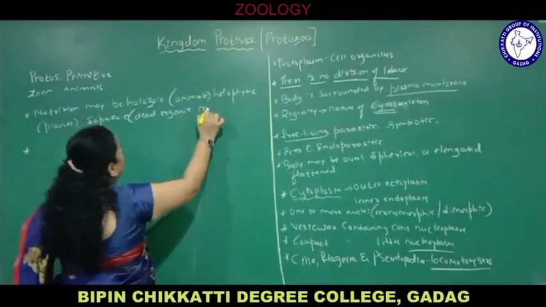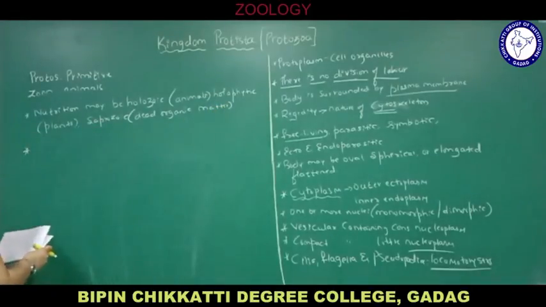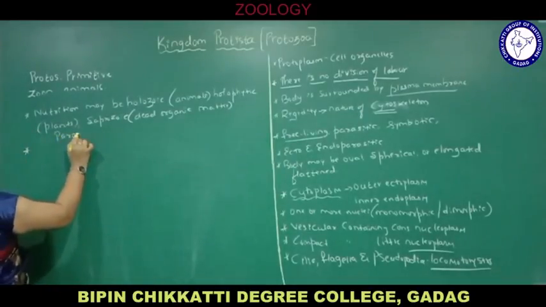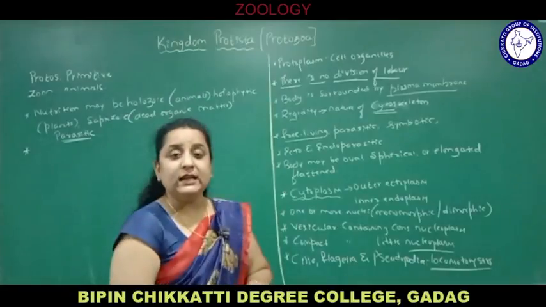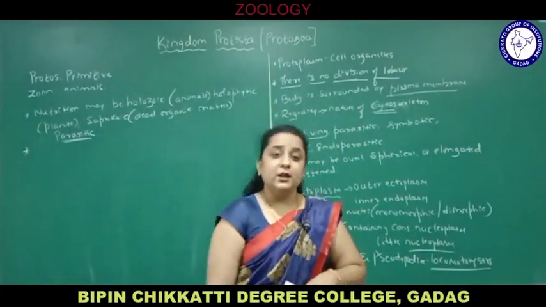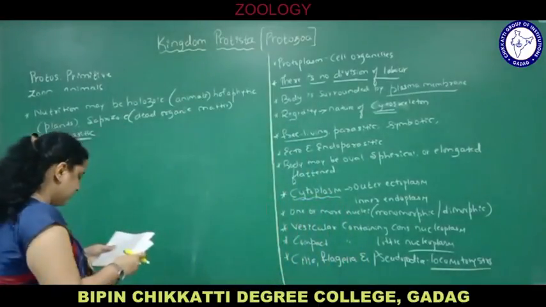As we already discussed, they are parasitic also, depending on the host body to obtain nutrition. So holozoic, holophytic, saprozoic and parasitic are all heterotrophic modes of nutrition.